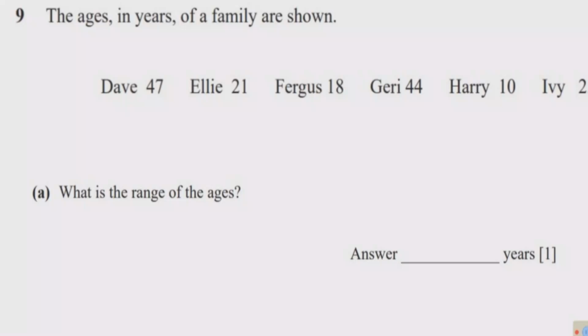So the biggest number among the ages given is 47 for Davy, then the second biggest is 44 for Gelly, and then the third largest number is 25 for Ivy. Then we have 21 for Ellie, 18 for Fergus, and 10 for Harley as the lowest.